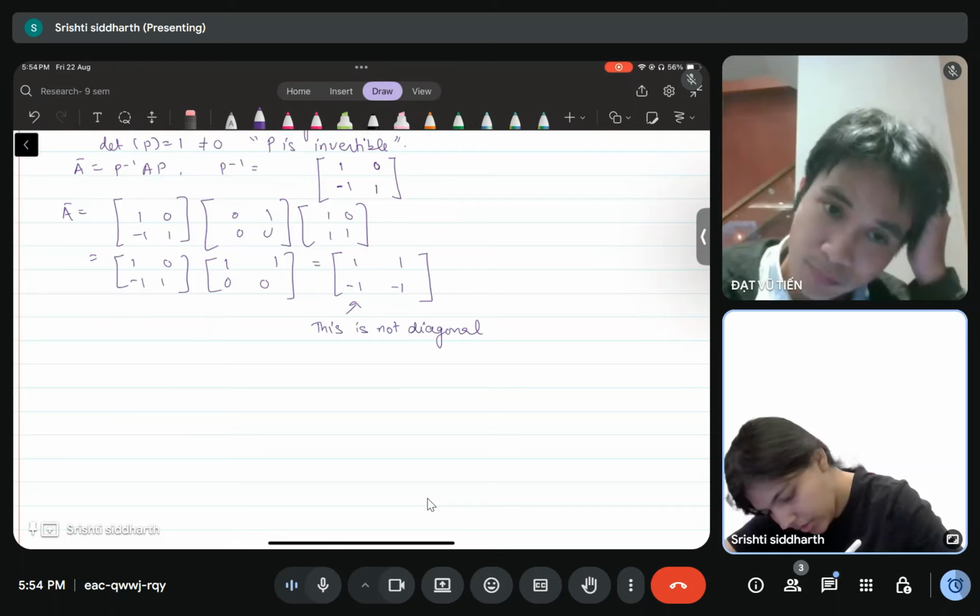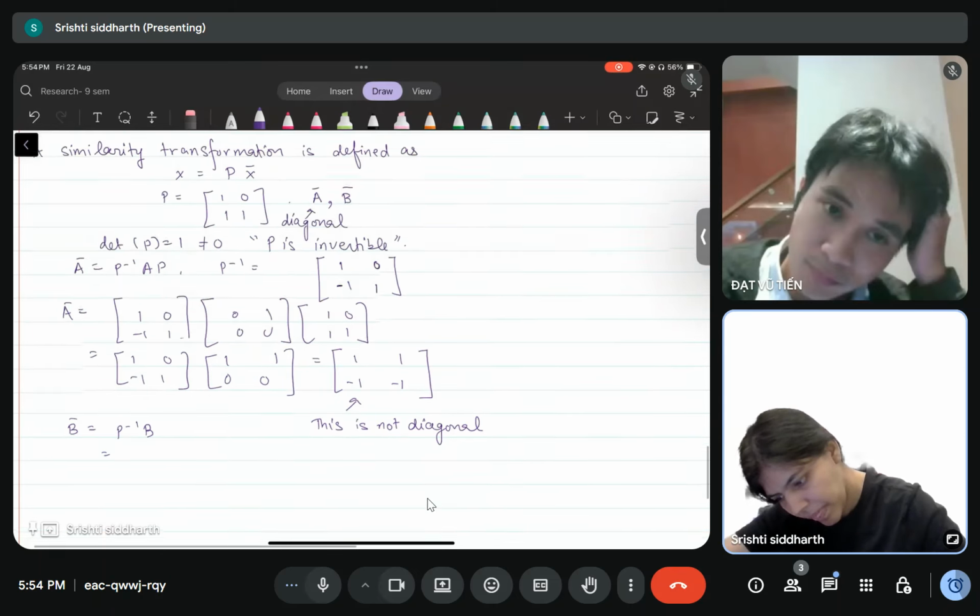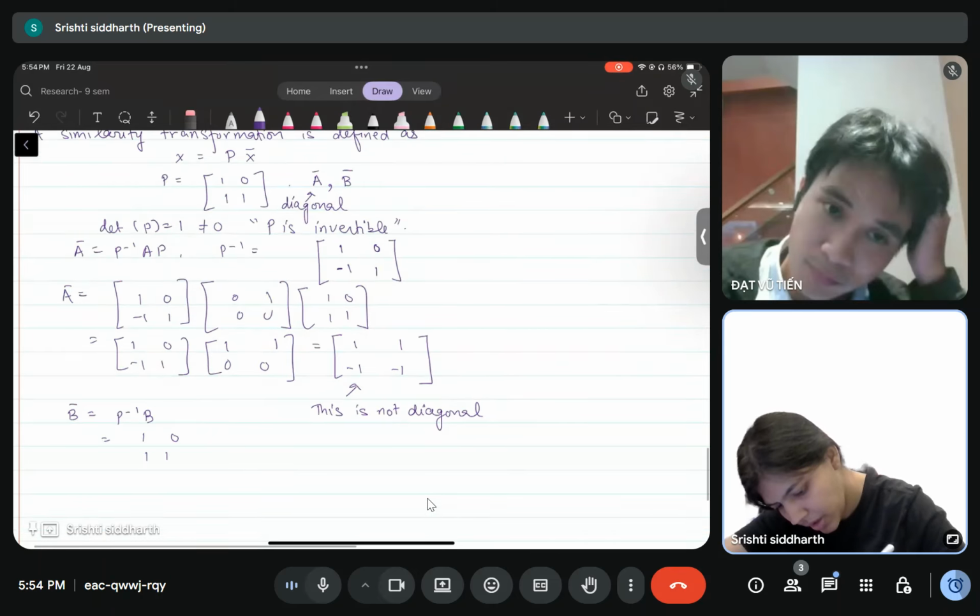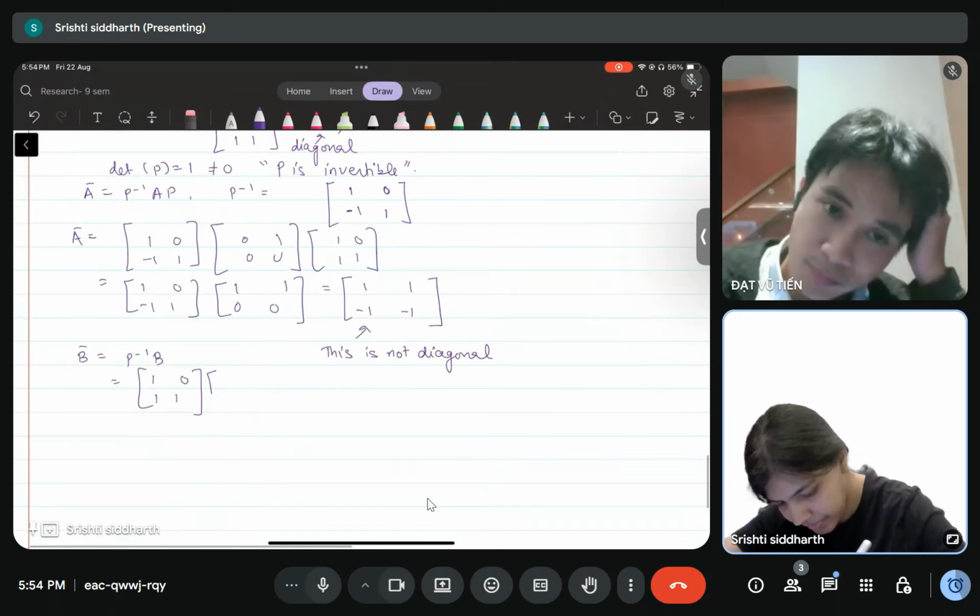And of course, you can find some B bar equals P inverse B, which is 1 0 minus 1 1 times 0 1.